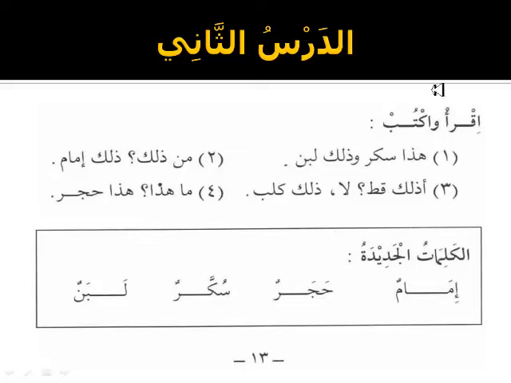Here we have hada sukkarun wa dhalika labanun. Please don't get upset about the tashkil. The lesson is designed to teach you how to pronounce these words without the tashkil. So you just repeat them. Hada sukkarun wa dhalika labanun.